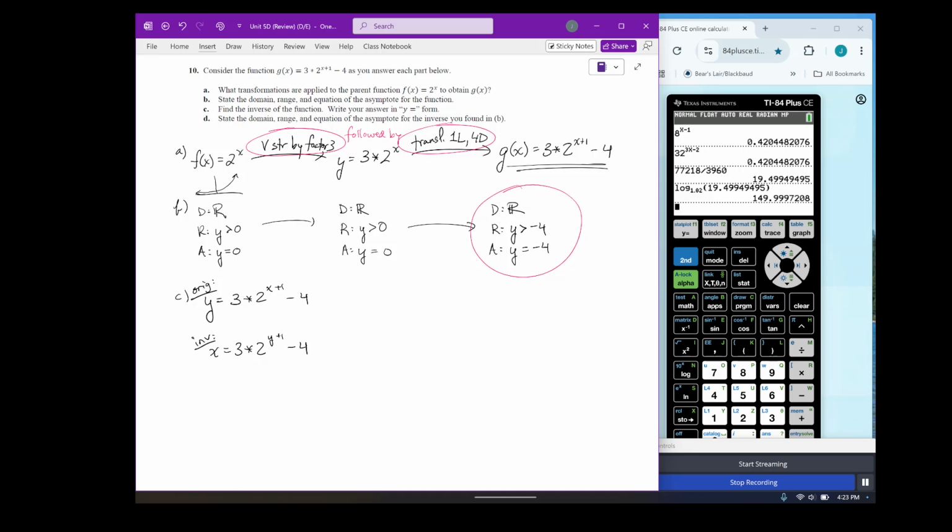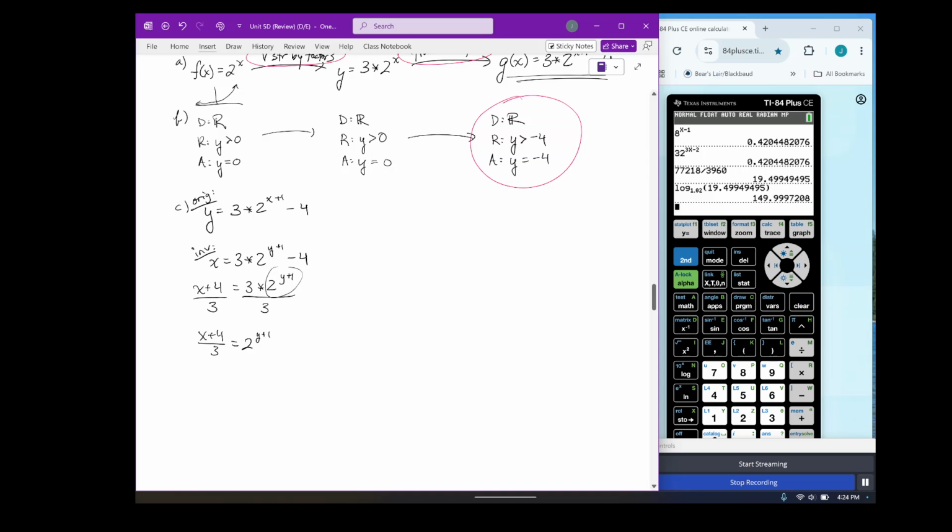And y is in the exponents, so that's where you end up using logs. You use logs to find exponents. So I'm going to add 4 to both sides first. And then I'm going to divide by 3 to isolate that exponential term. So we got x plus 4 over 3 equals 2 to the y plus 1.